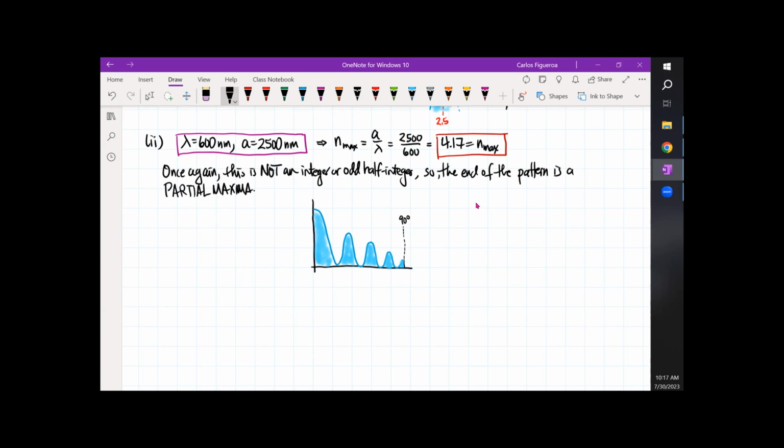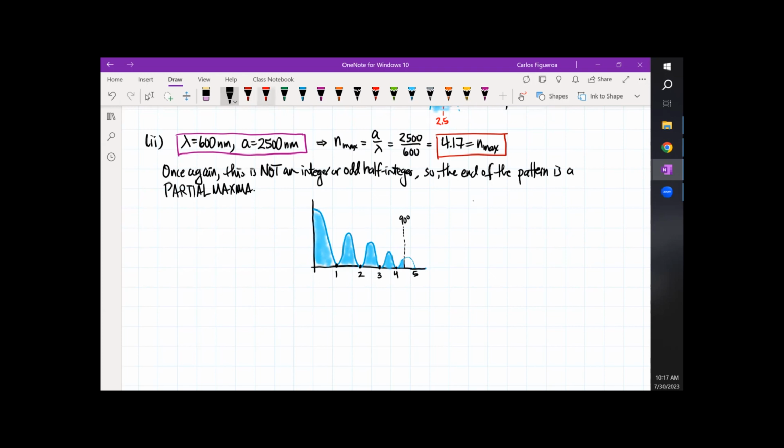This is at 90 degrees. If I look at my values, this is 1, 2, 3, 4. And if I kept following the pattern, I'm exaggerating the pattern right here. It's not that wide, but that would be 5.